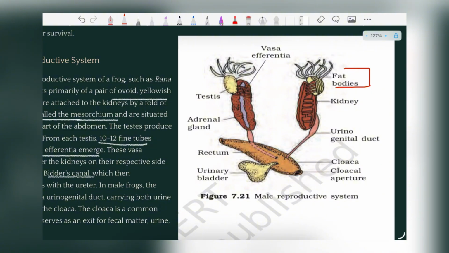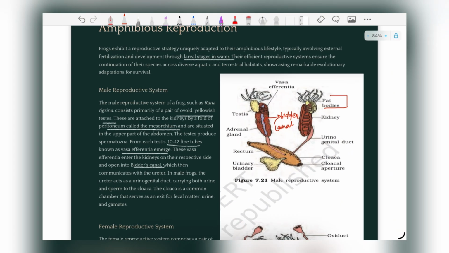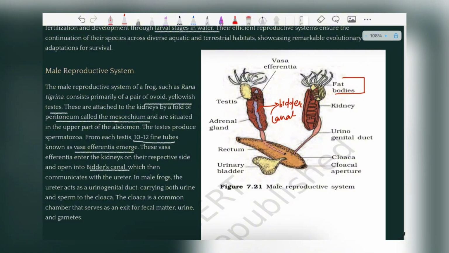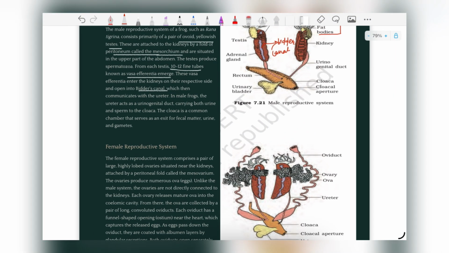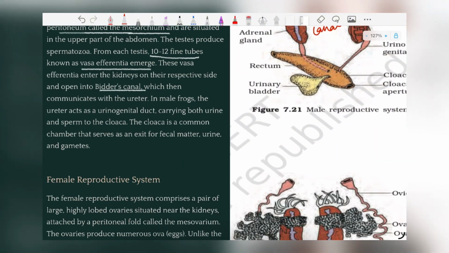Then this is the Bidder's canal. And this is the rectum, this is the urinary bladder, this is the cloaca, this is the cloacal aperture, this is the urinogenital duct, because both urine and the gametes pass through it.